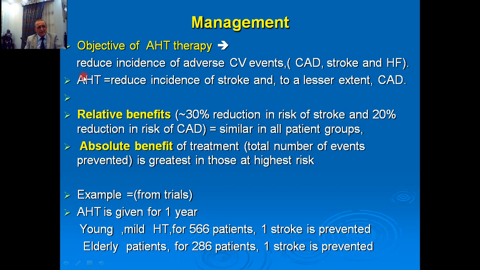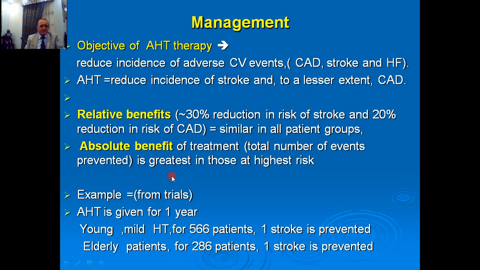And actually, antihypertensive therapy does reduce the incidence of stroke and to a lesser extent coronary artery disease. So we do have benefit, and the benefit is of two types, relative and absolute. The relative benefit, you have a 30% reduction in stroke and 20% reduction in coronary artery disease in all population, while absolute benefit is greatest in those with highest risk of total number of events prevented.